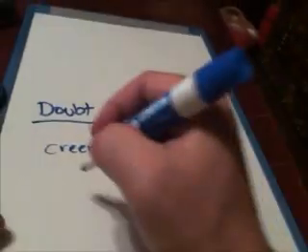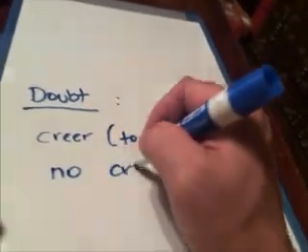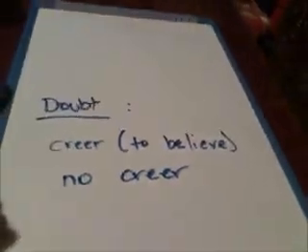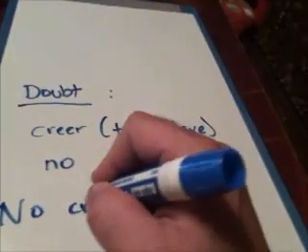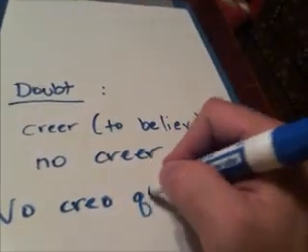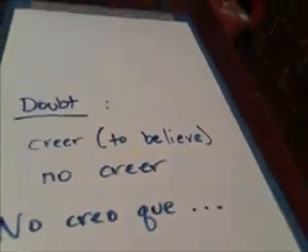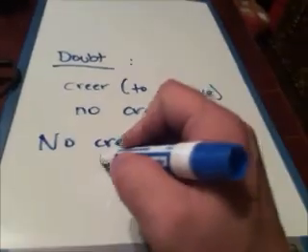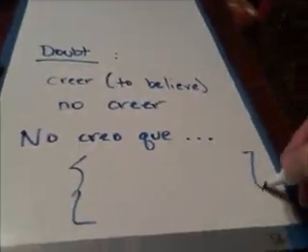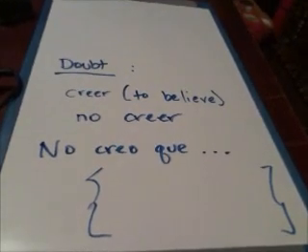If I don't believe, it's no creer. So if I say I don't believe that, no creo que, and then what follows is the subjunctive. And it can be any clause in the subjunctive.